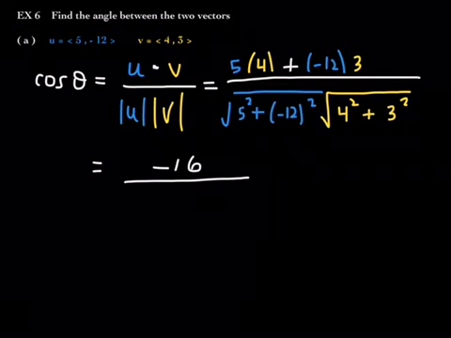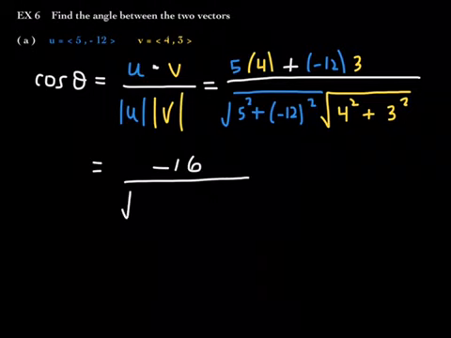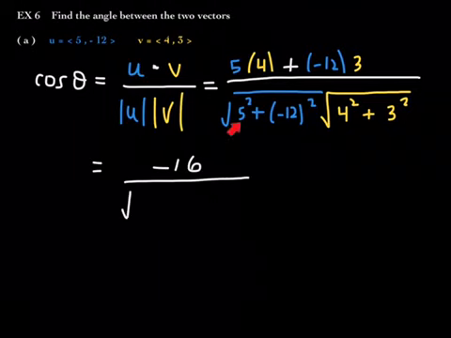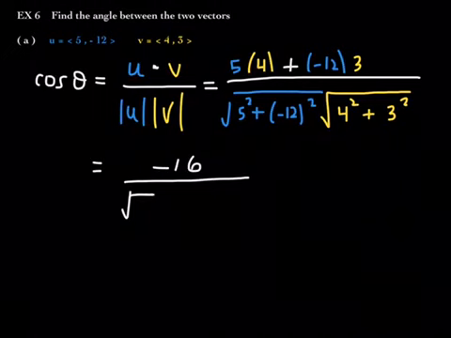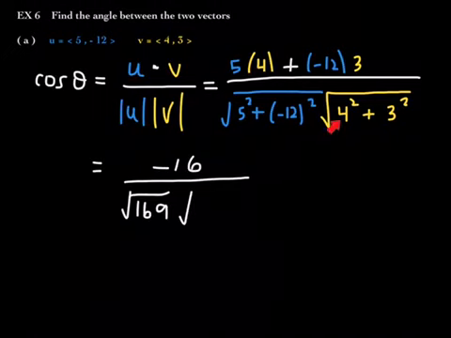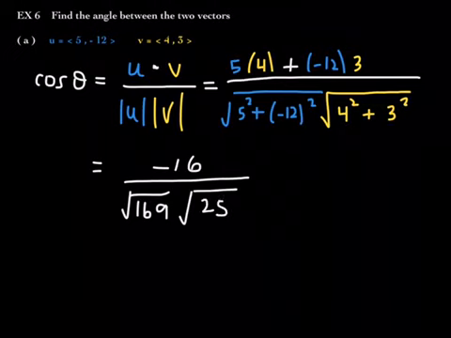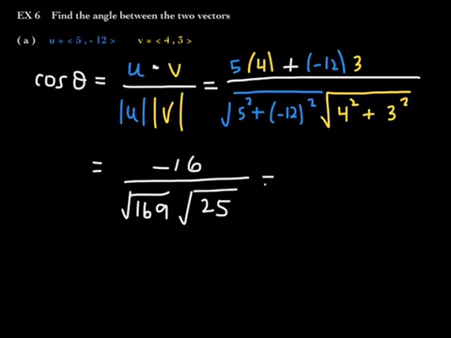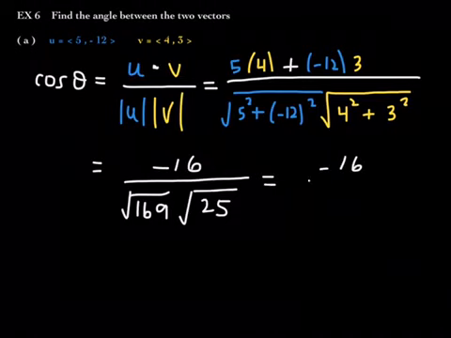All right, cool. Let's continue with this denominator. I have the square root of 25 plus 144, so that's 169, times the square root of 16 plus 9, which is 25. So then this gives me negative 16 over 13 times 5.